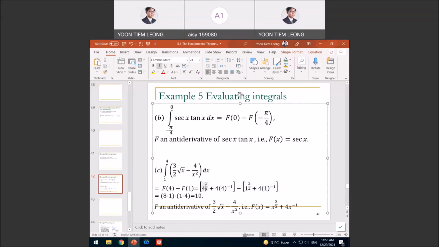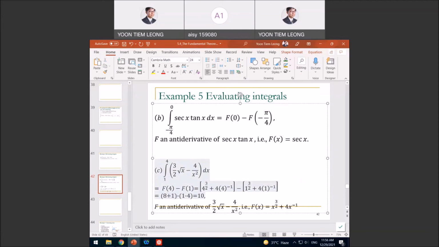This is 4 raised to the power 3 over 2 plus 4 and 4 minus 1, 4, 1. So this is 8 plus 1. This is not minus, this should be plus. I'm sorry about that. So it should be 9.